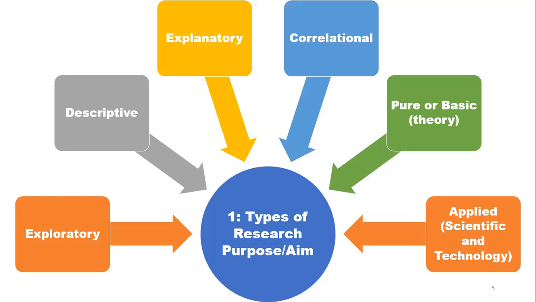Now, the next one is descriptive. The descriptive, in this case, tries to expand knowledge or just to describe or explain the features of a particular phenomenon, the characteristics of a particular variable.